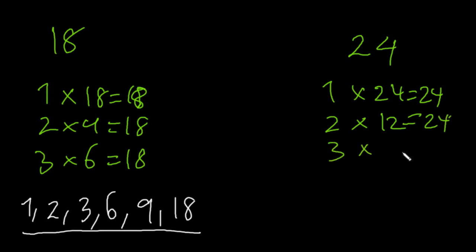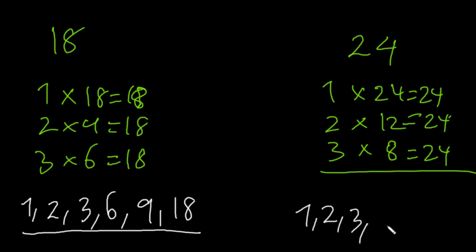We've also got 3 times 8 equals 24. Right, so we've just listed all of our factors of 24. Those are all our possible factors, and so let's go ahead and write down the factors here: 1, 2, 3, 8, 12, and 24.